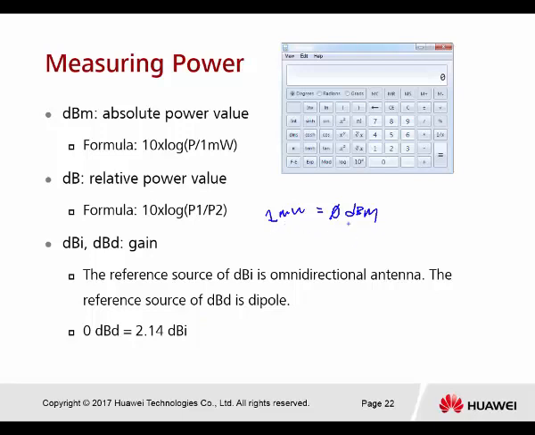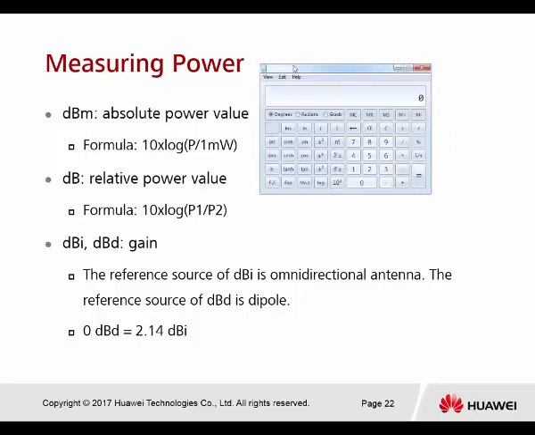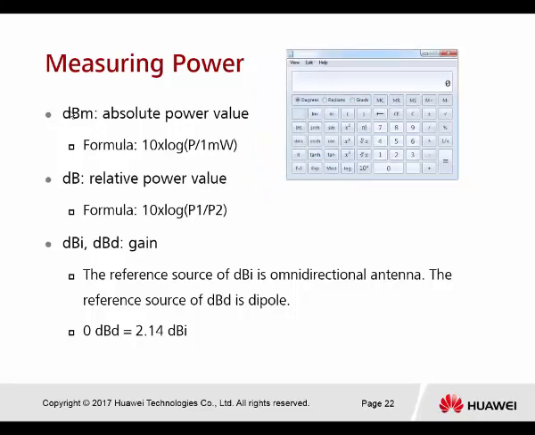Okay, so this is the calculation. They also have another one for the dB. So the dB uses the first power and the second power to do the calculation. If you want to understand the calculation, they also have some calculations for converting dBm to milliwatt, how to do that.